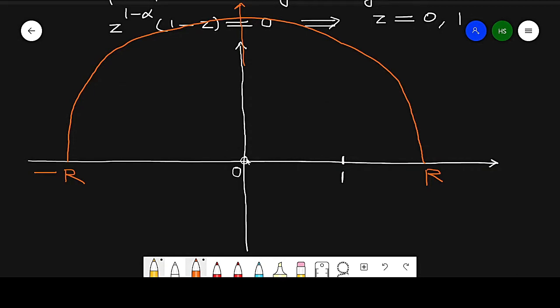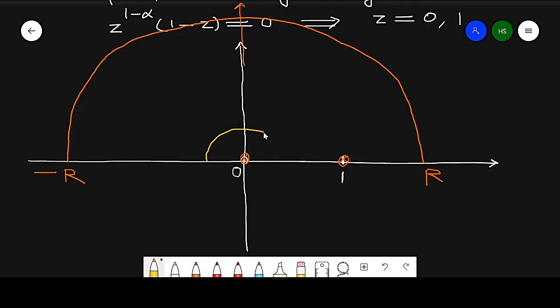Now my aim is to remove these two points, one is 0 and the second is 1, because these are the poles of function f(z). So how will I remove these points? I will remove them by taking small circles. This is a circle of radius r1.